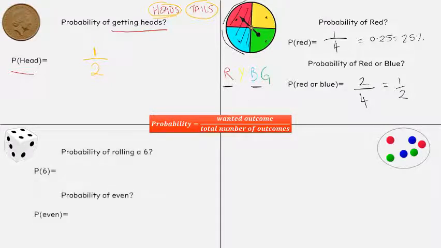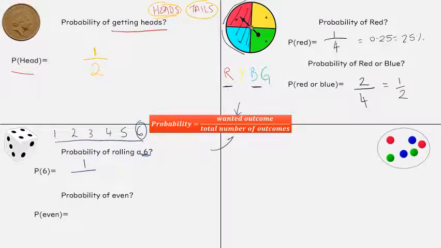Okay, what about the dice? Remember with this dice here, we've got 6 possible numbers it could be: 1, 2, 3, 4, 5, or 6. So what's the probability of it rolling a 6? Well, how many wanted outcomes are there? Just 1, because 6 only appears once.